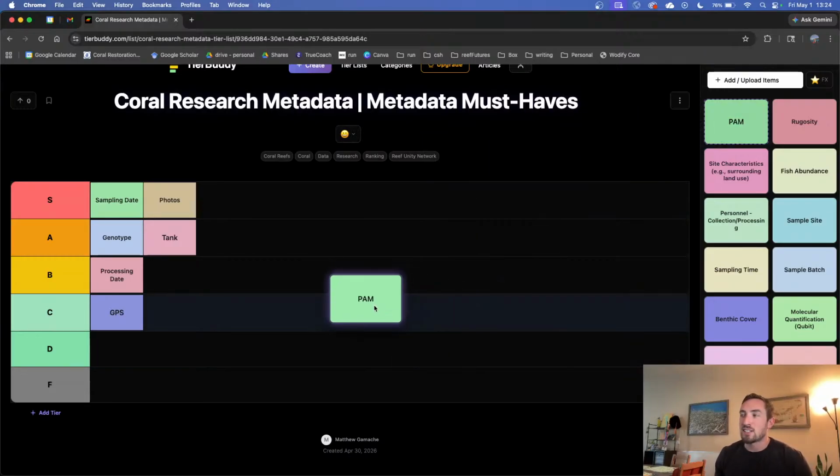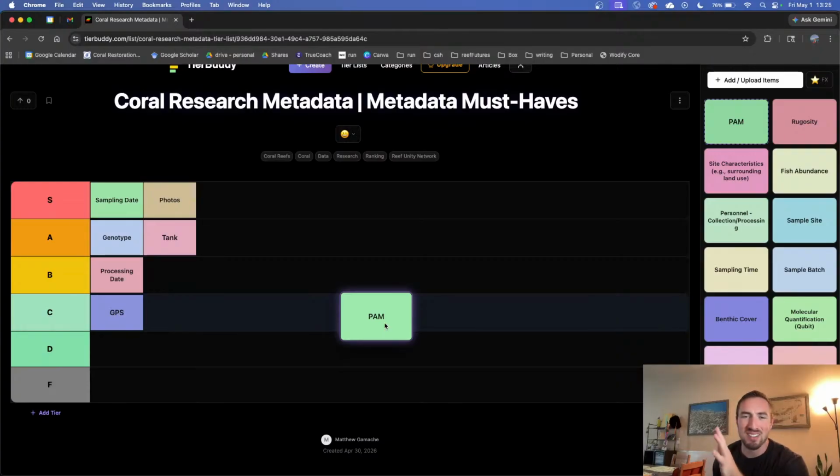Okay, this next one, PAM, pulse amplitude modulation, Fv over Fm, whatever you want to call it. This one's tough. I know I said I was avoiding physiology, but I consider PAM a little different, especially if you're doing coral host.